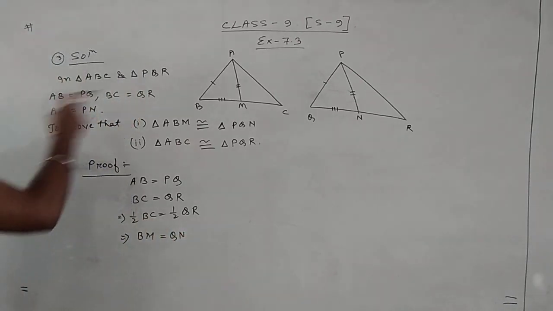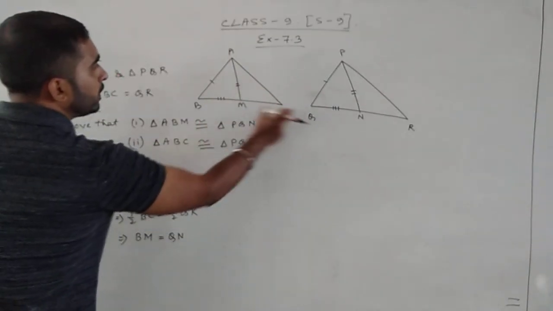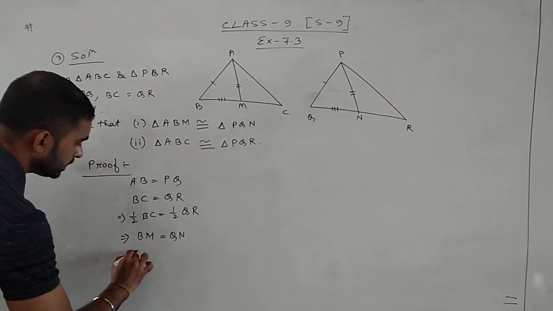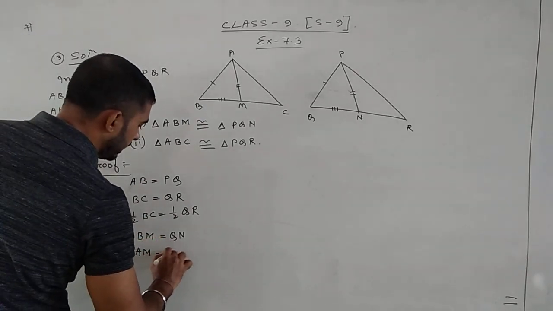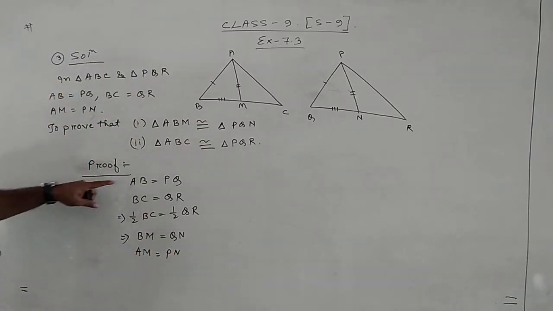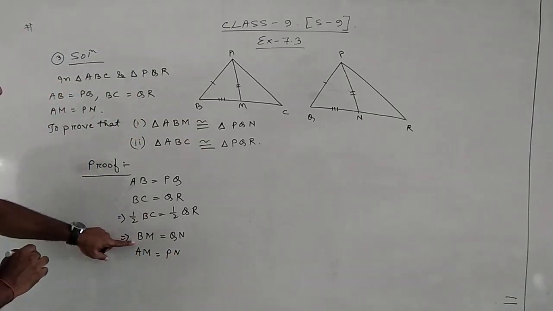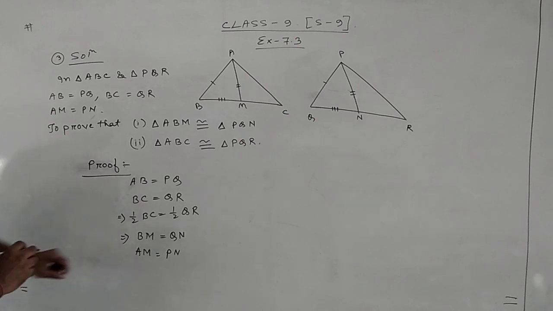So AB equal to PQ, BM equal to QN, and the third one is AM equal PN.